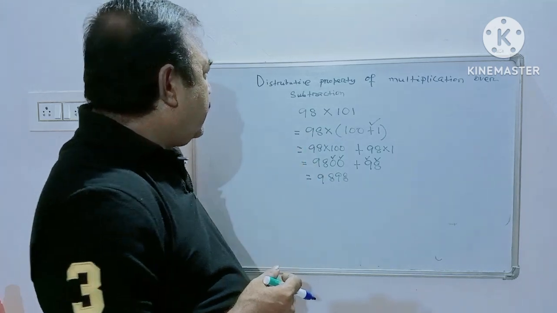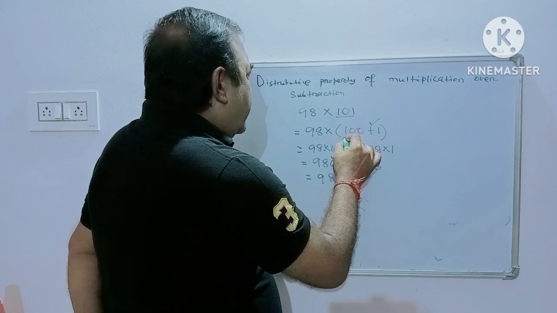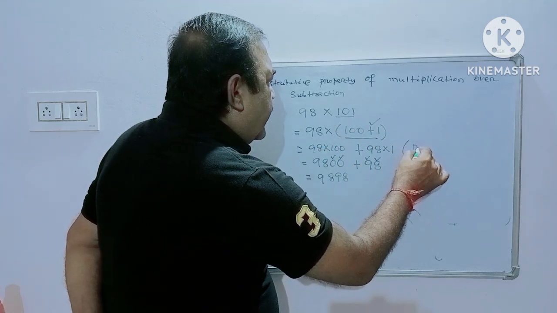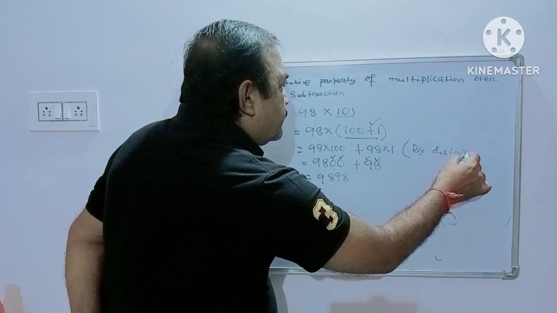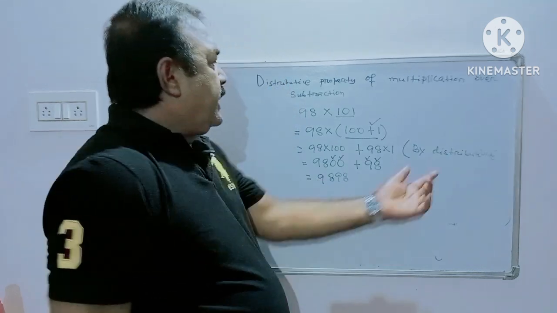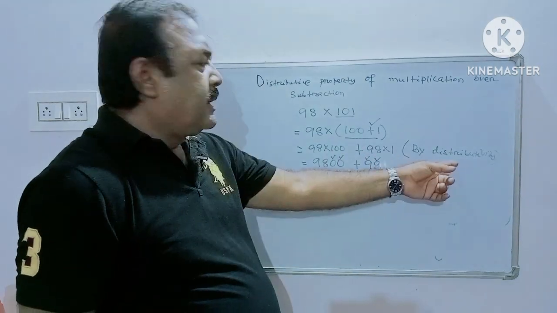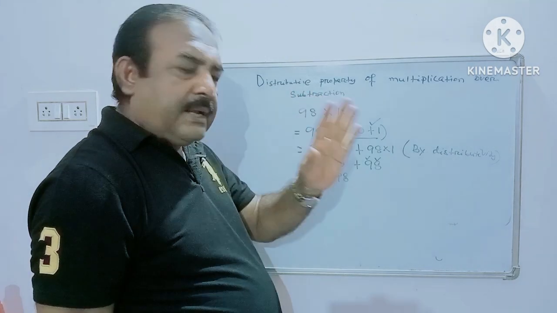But you will mark it when we converted 101 into 100 plus 1, and then we write this. So you write by distributivity, because we use this property. So this is helpful or not? Yes, this is helpful.